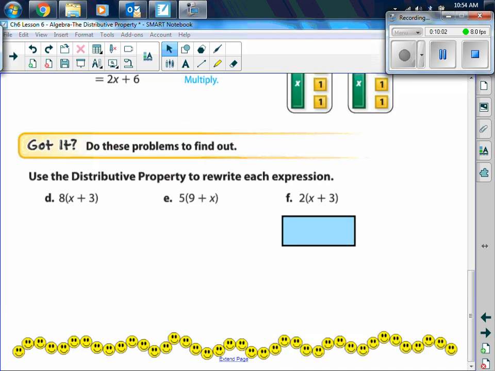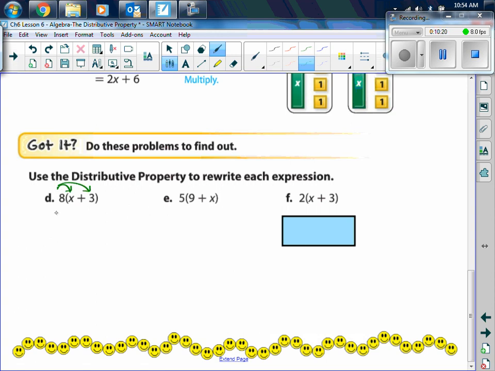So let's do example problem D. Here we have 8 times the quantity x plus 3. Once again, you're going to take that 8, the number on the outside of the parentheses, and distribute it and multiply times everything inside the parentheses. So here, we're going to have 8 times x plus 8 times 3.